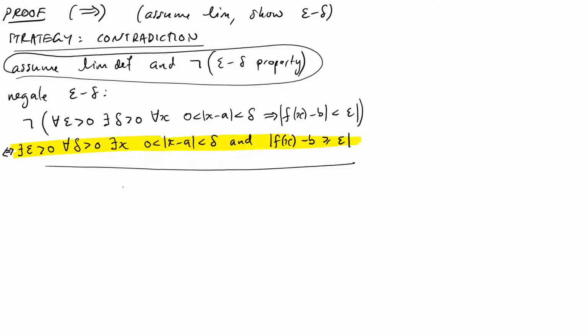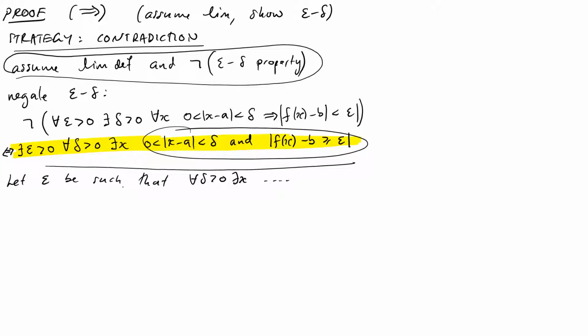We're going to say let epsilon be such that for all delta greater than 0, there exists an x such that blah, blah, blah. Okay, that's this part here. So that's my epsilon fixed. The assumption says there exists epsilon greater than 0 such that something or other. Now what follows on has to work for all deltas, so I can choose any delta I like, and that's all good.